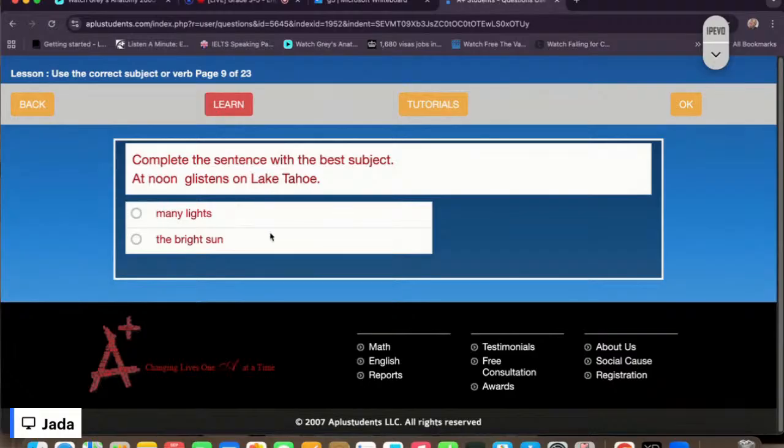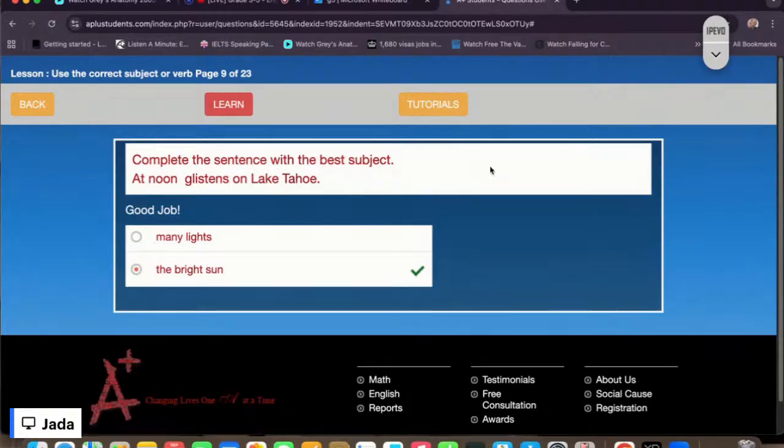So we have glistens. So it's going to be the bright sun. All right, that's it for this lesson. Move on to the next one.